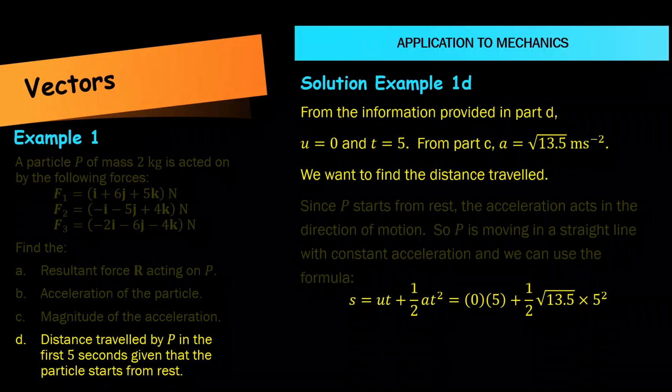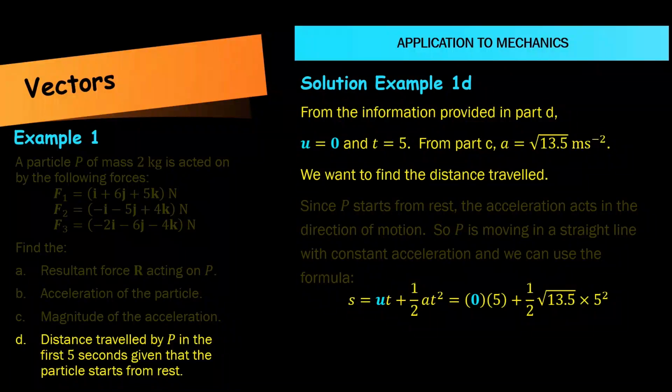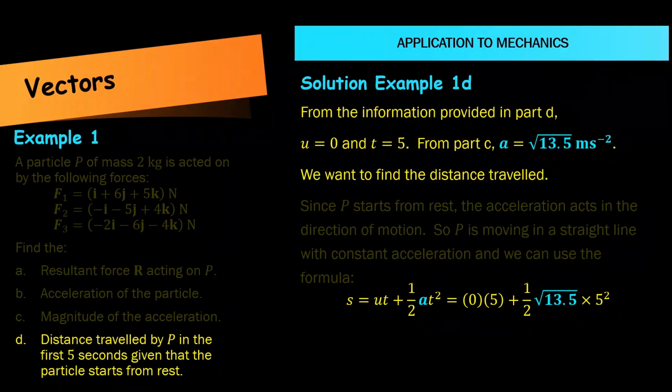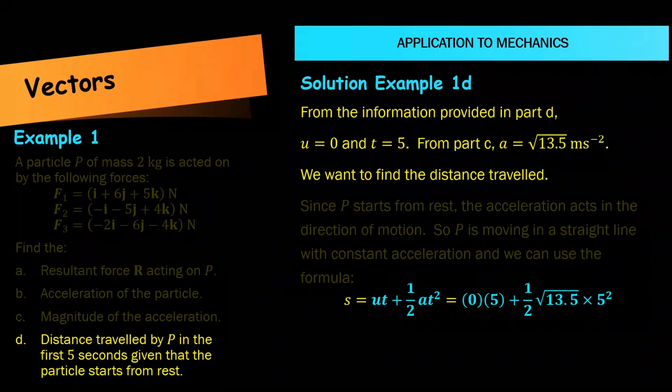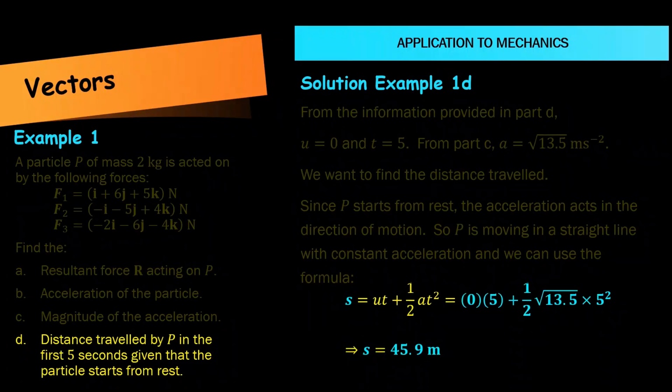Now we can plug in all the values that we have. We have u equals 0, t equals 5, and acceleration equals square root of 13.5. Giving us that s equals 45.9 meters. So the distance travelled is 45.9 meters.